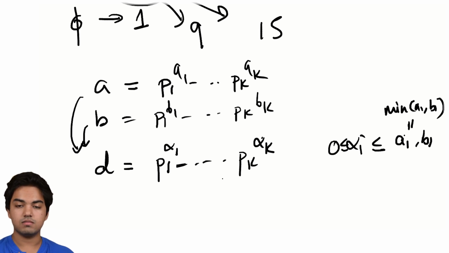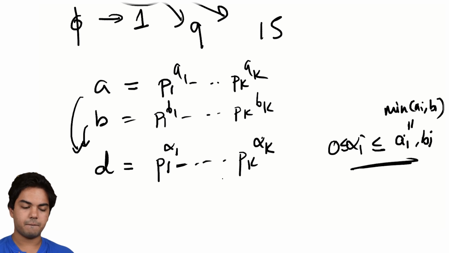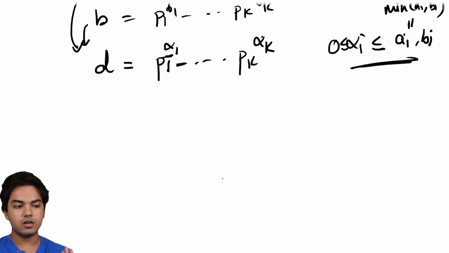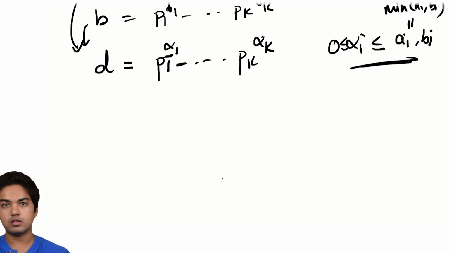So any common divisor of A and B is characterized like this: it's P1 to some number less than or equal to the minimum of A1 and B1, and likewise for each of the primes.